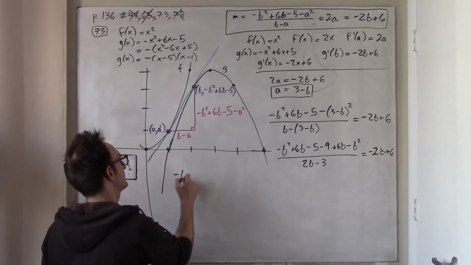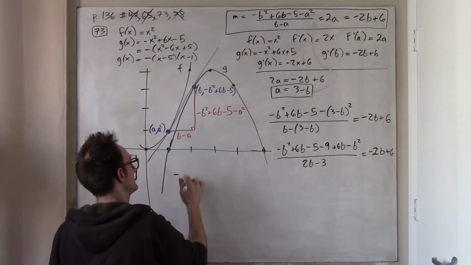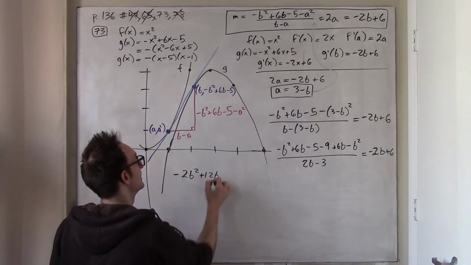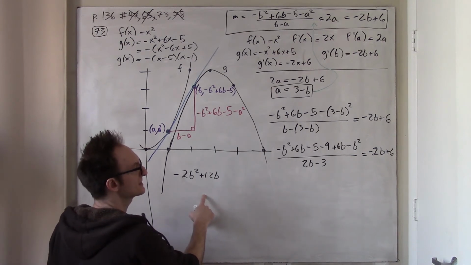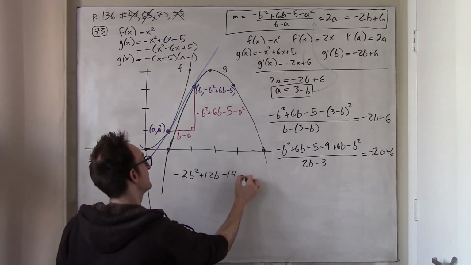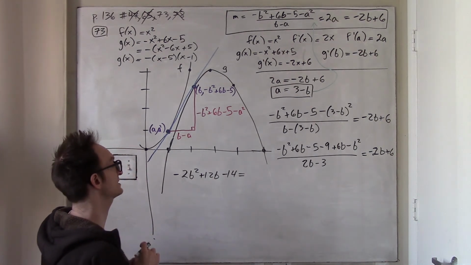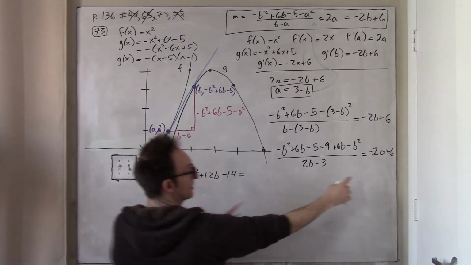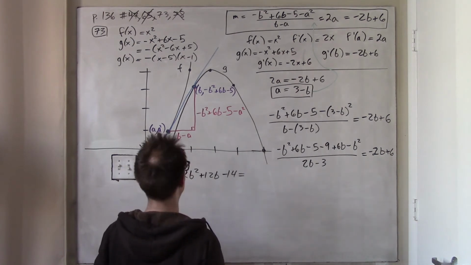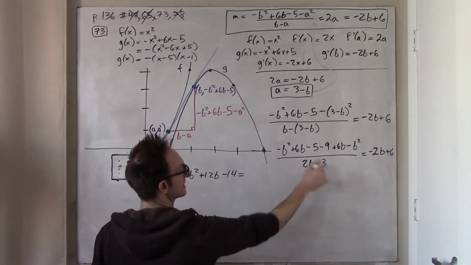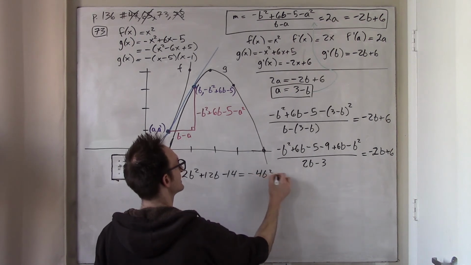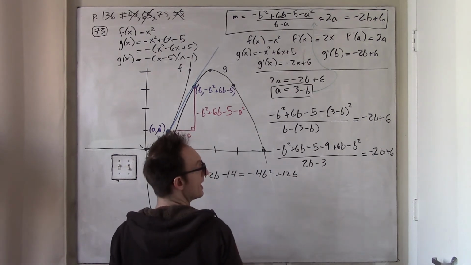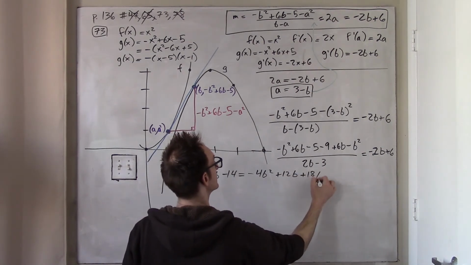So let's go. What do I end up with? Negative 2b squared is that numerator. Negative 2b squared plus 12b minus 14 equals, and then when I multiply these two together, I am going to get something. Let's just do it. Negative 4b squared plus 12b plus another 6b, minus 18. I hope I don't mess this up.